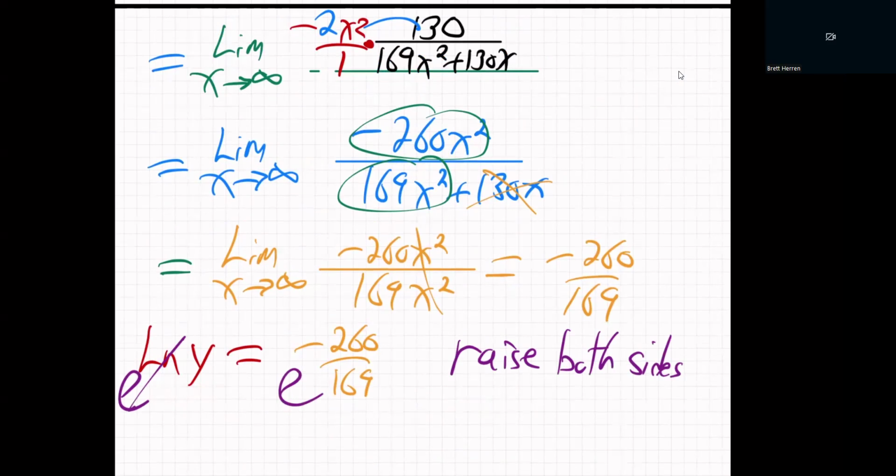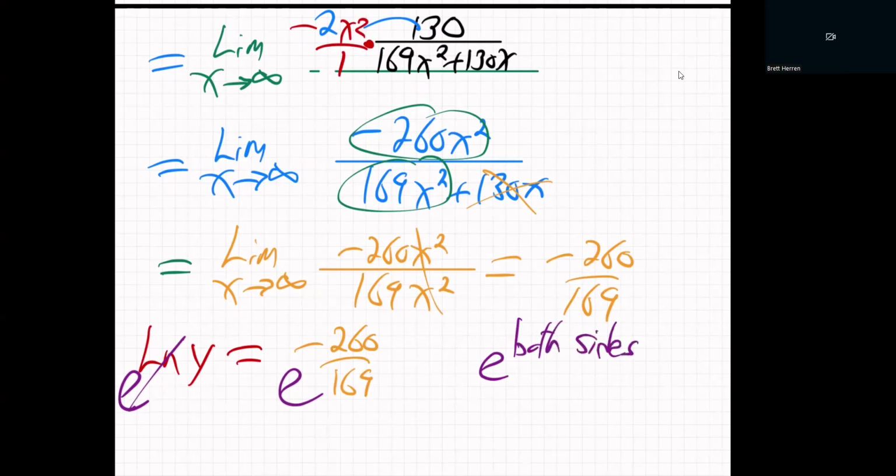Because if two things are equal, you can do the same thing to both of them and they'll be equal afterwards. You got that? These will cancel out. So this will be y equals, and there's our answer.